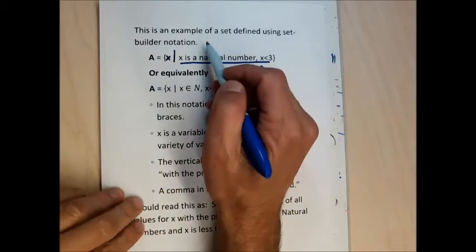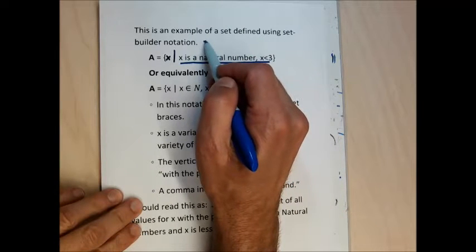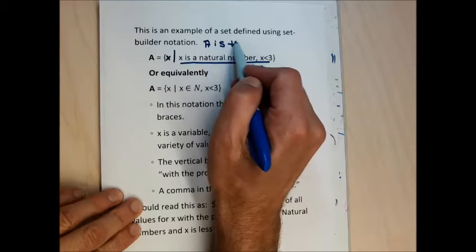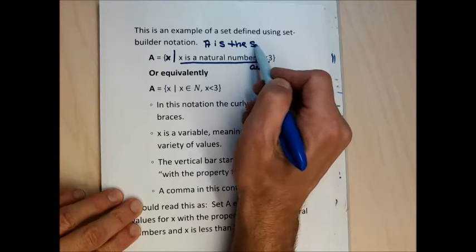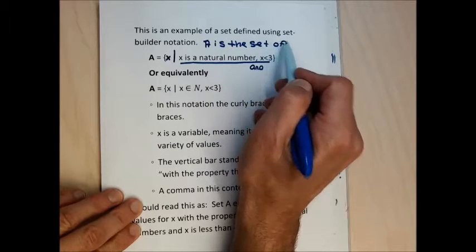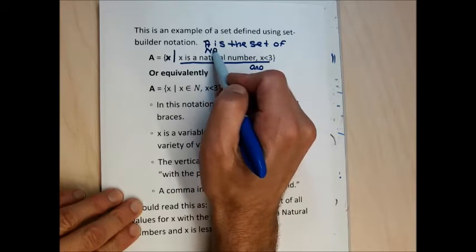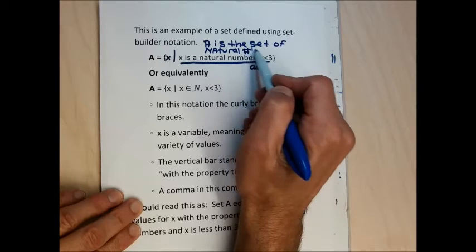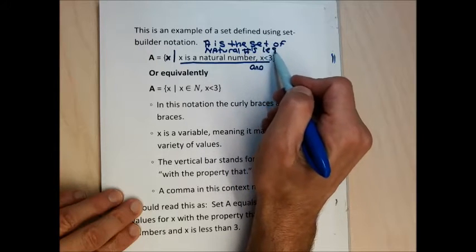So the word description for this is: A is the set of natural numbers less than 3.